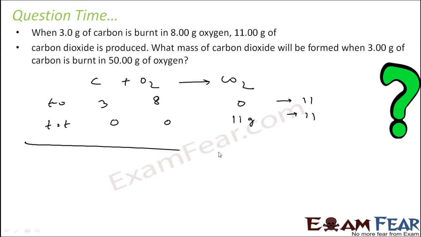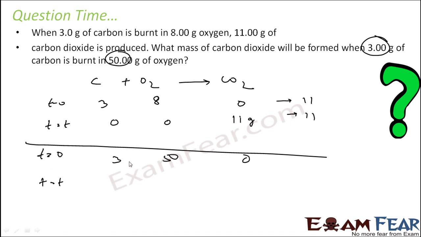Now, this is one scenario. The second scenario is 3 gram of carbon and 50 gram of oxygen, and this is 0. So at T is equal to T, what will happen? See, 3 gram of carbon will react at the max with 8 gram of oxygen, nothing more than that, right?